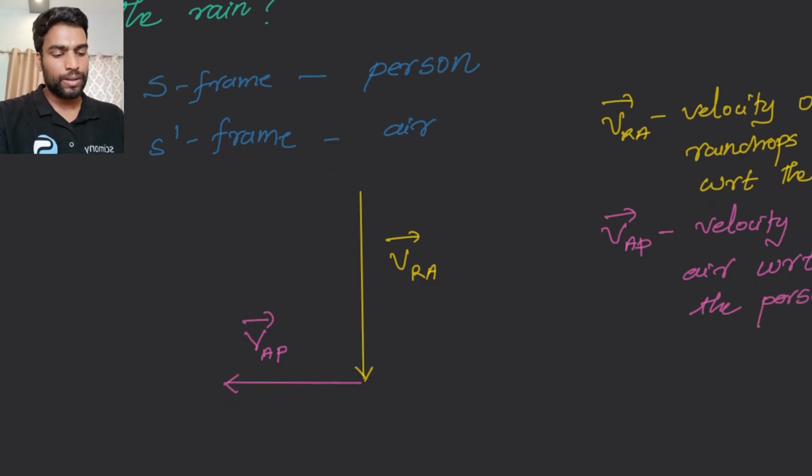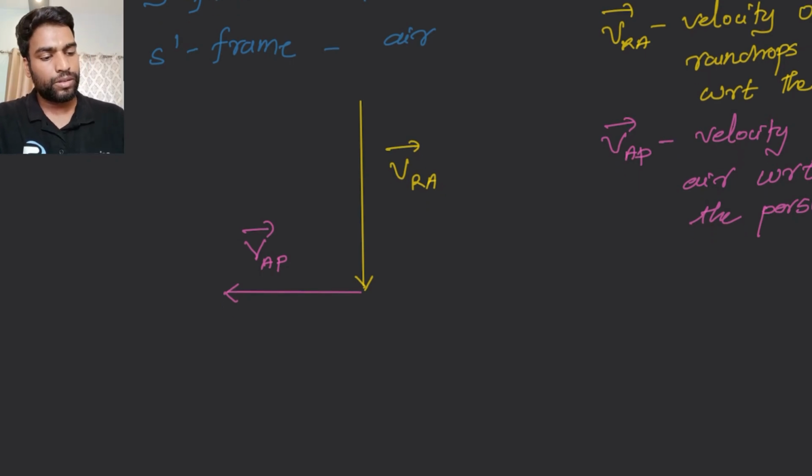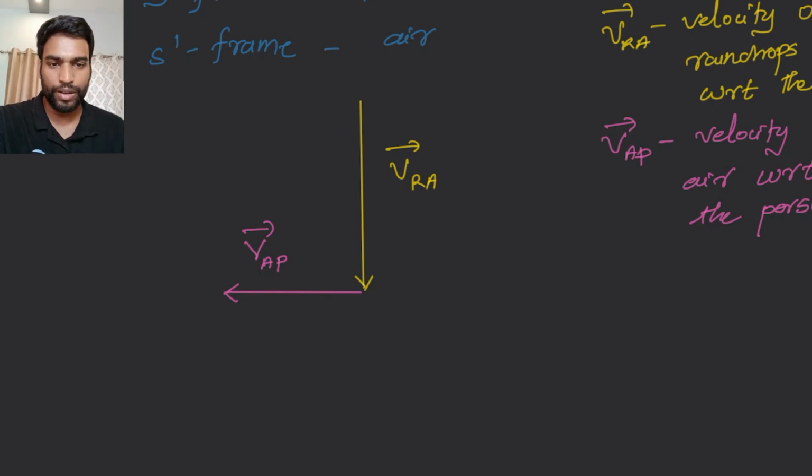Right? Now let's denote the velocity of the raindrop with respect to the person as VRP.